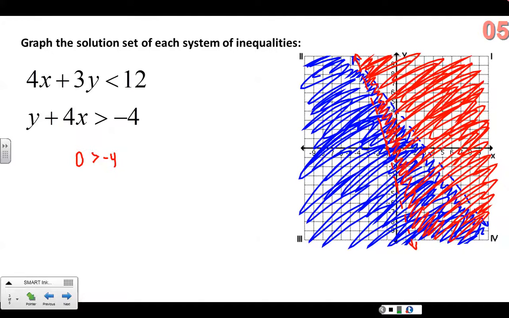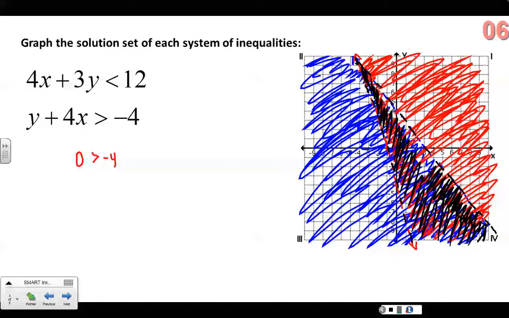So hopefully you can see the part where these are going to overlap would be between. So I'm going to trace that in black. And notice the dotted lines are not included in your solution.